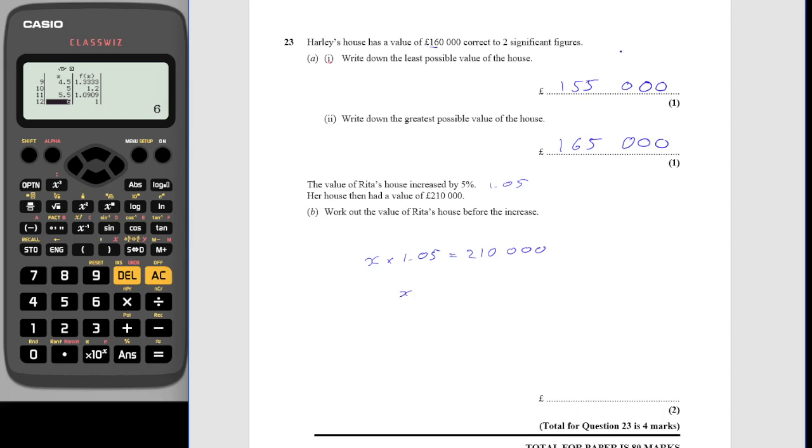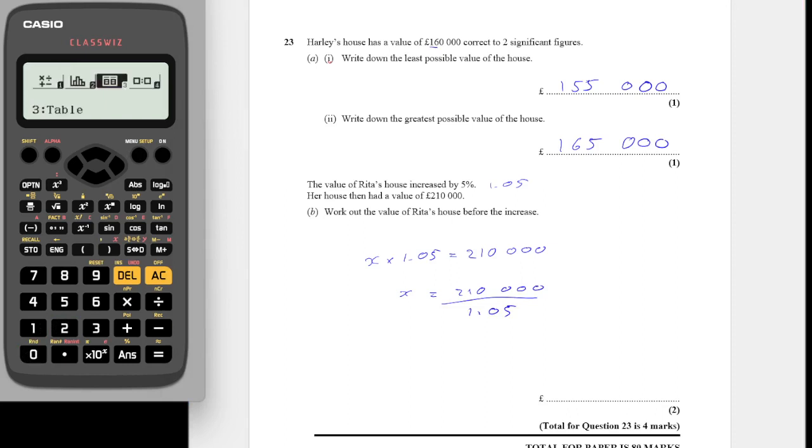So her original value of her house would be 210,000 divided by 0.95. Let's go back into our calculator mode. So 210,000 divided by 0.95 will give us the value of 200,000.